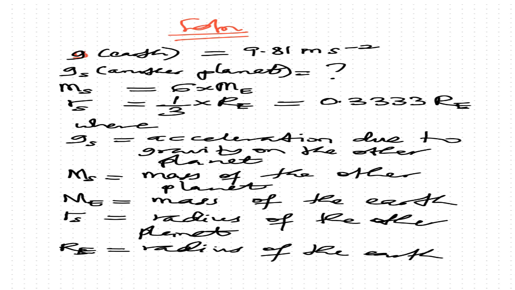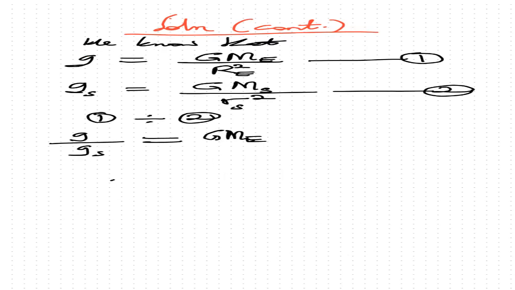This is an important fact I want us to note, okay? So you see that we are dividing equation 1 by equation 2. Equation 1 is what we have, and equation 2 is this. So when we are dividing, the left hand side will give us this over this.